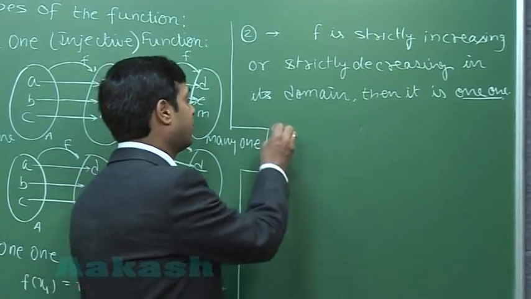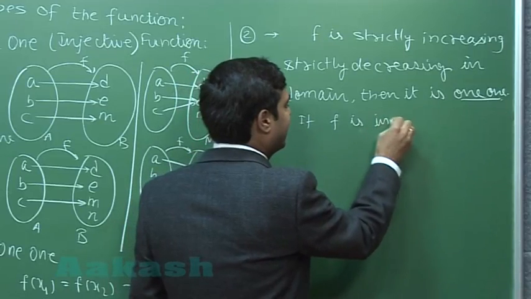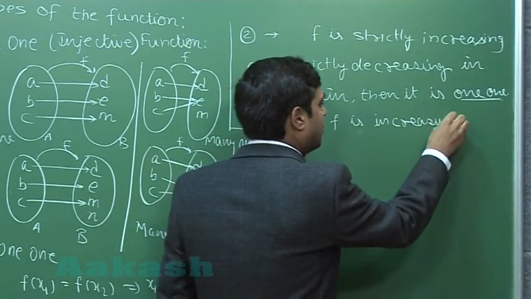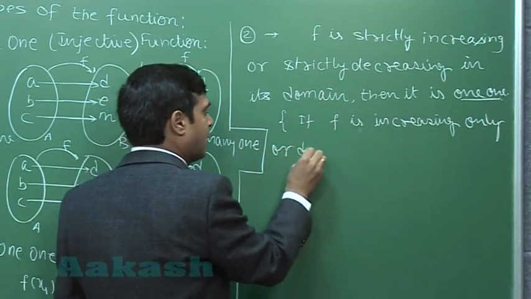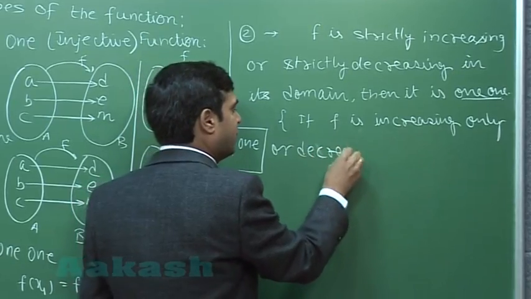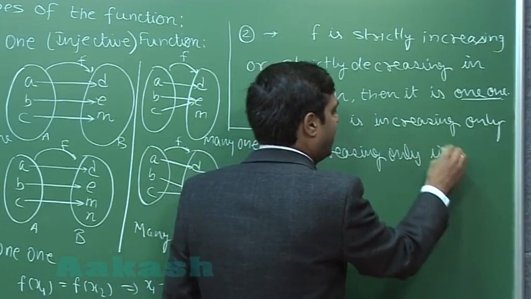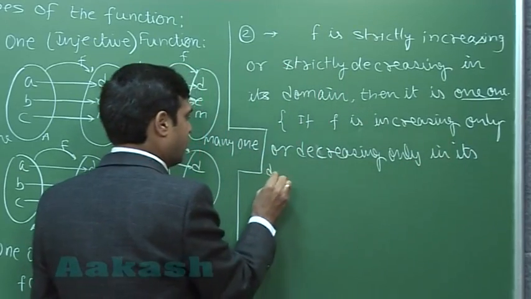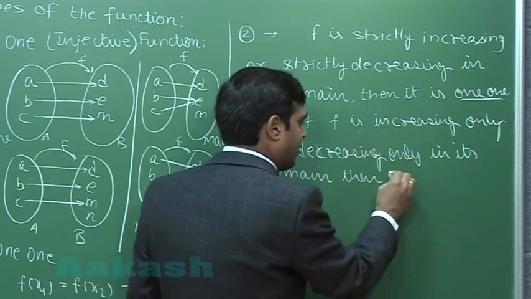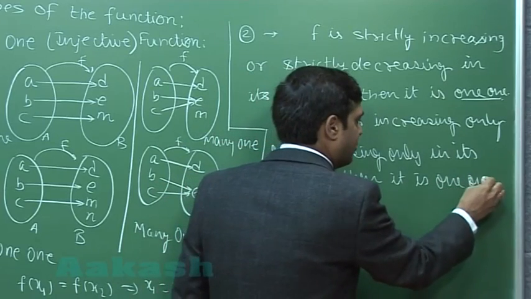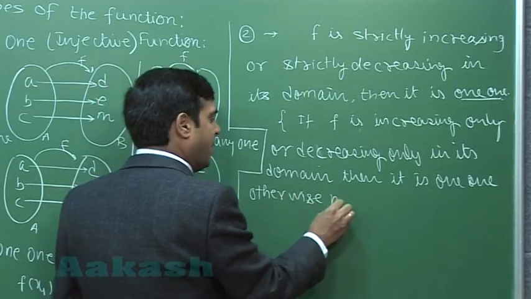And what's that? If f is increasing only or decreasing only in its domain, then it is one-one, otherwise many-one.